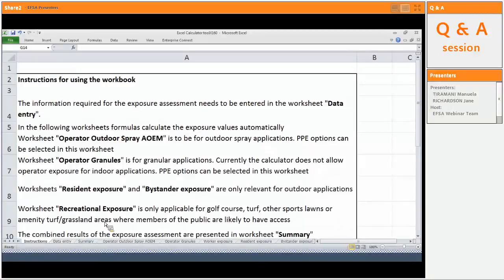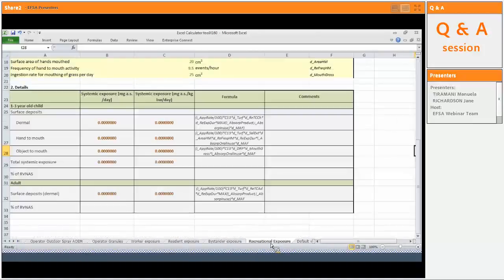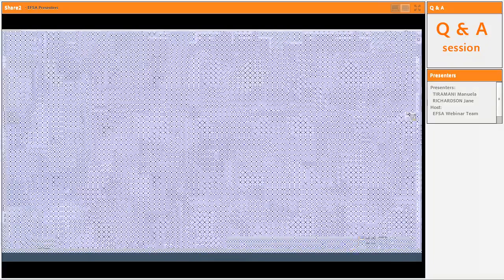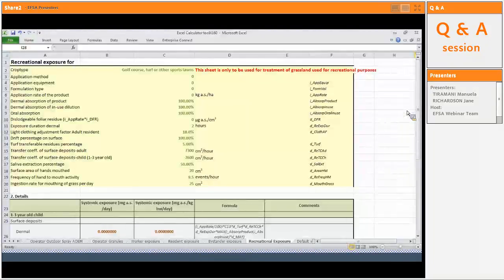No, I agree. I think it's very clear that the calculator does not apply to non-agricultural uses. So no extrapolations can be done to small quantities of pesticides, because the database is clearly based on data derived from field studies for agricultural purposes.